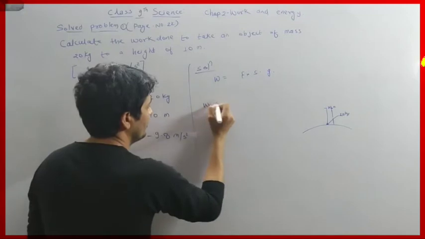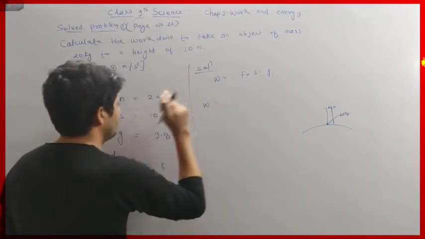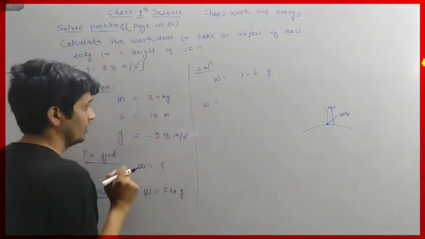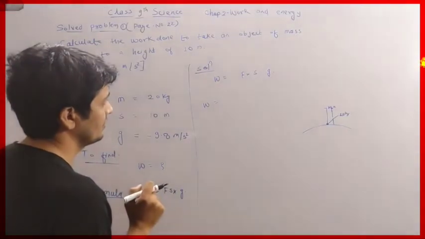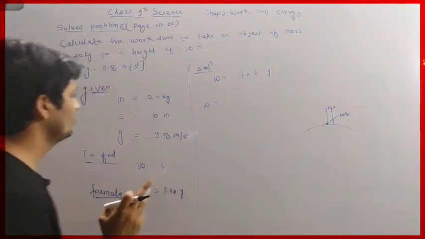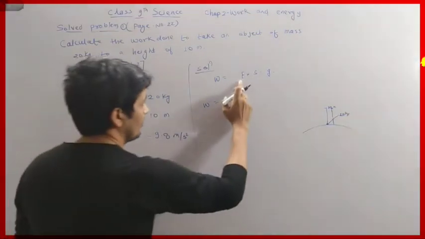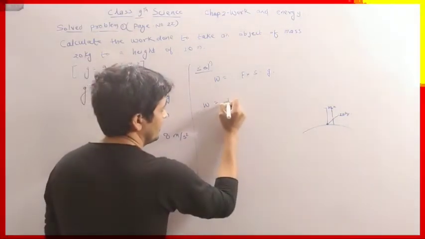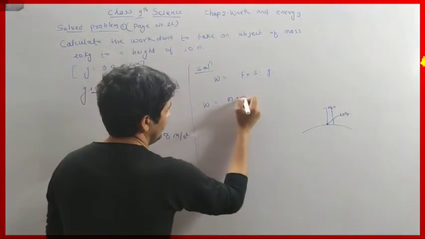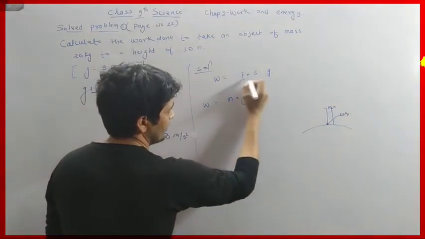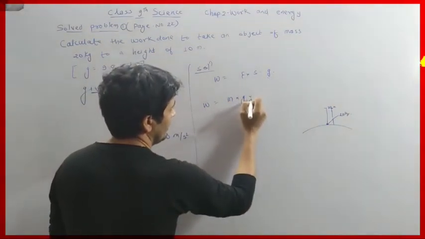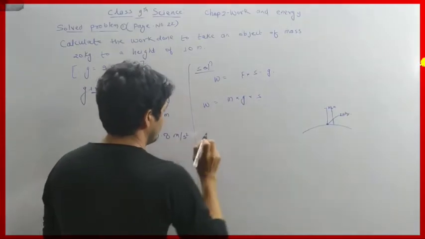So W equals, what is F? F is the force. Work done equals force into displacement. The force is nothing but mass into acceleration. Mass into acceleration into displacement.